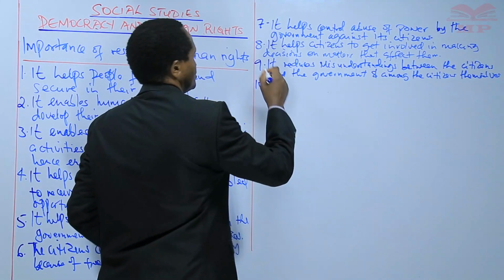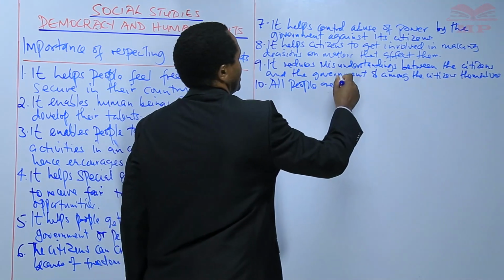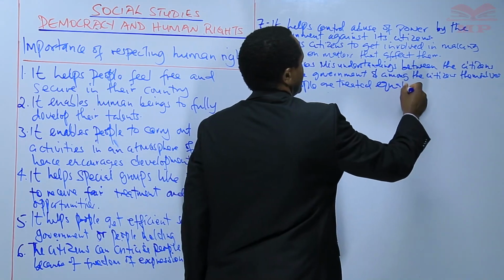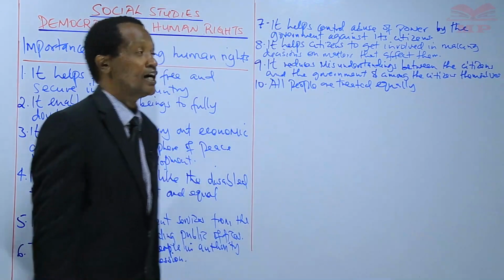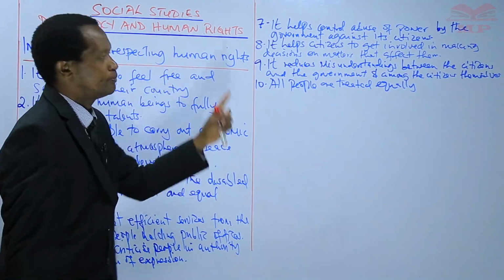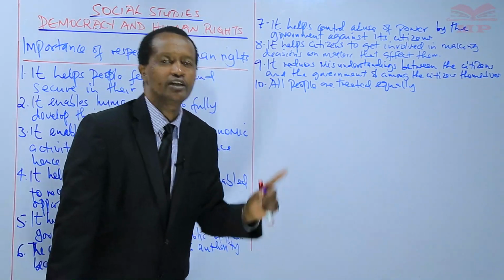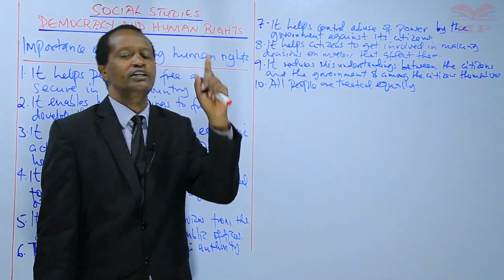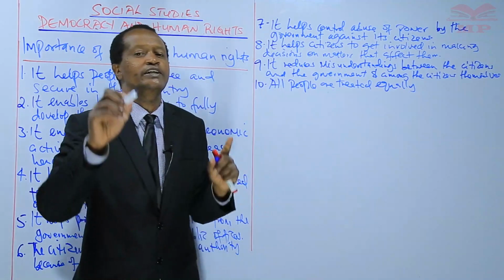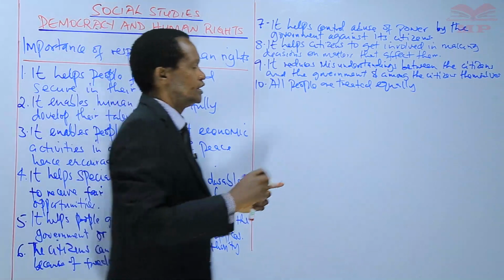Number 10, all people are treated equally. Where human rights are respected, all people are treated equally, irrespective of gender, irrespective of race, irrespective of religion, irrespective of tribe, and so on.